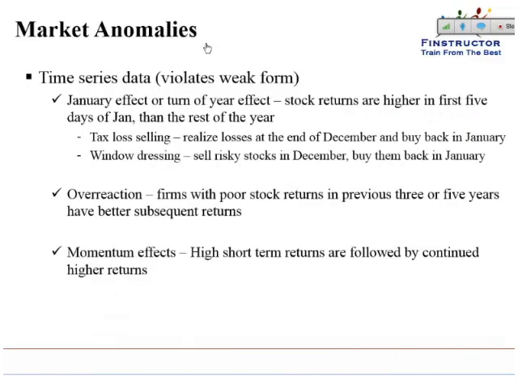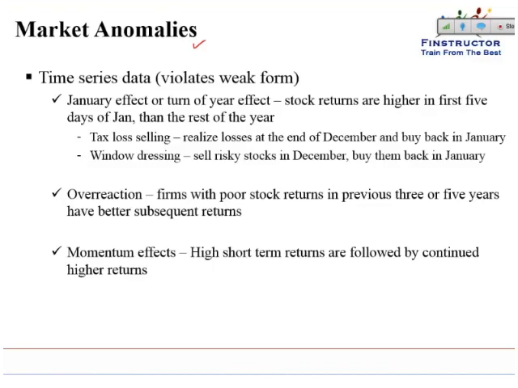Now, there are certain anomalies that we have noticed in markets across time. These anomalies actually tend to challenge the efficient market hypothesis. That is, the existence of these anomalies may violate the efficiency that we have just discussed.